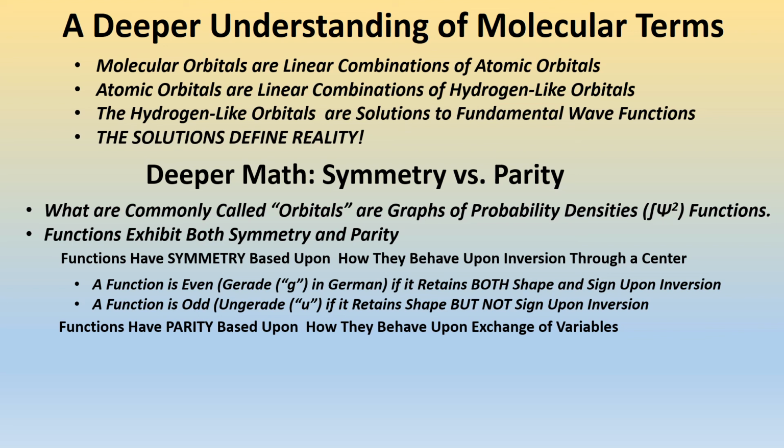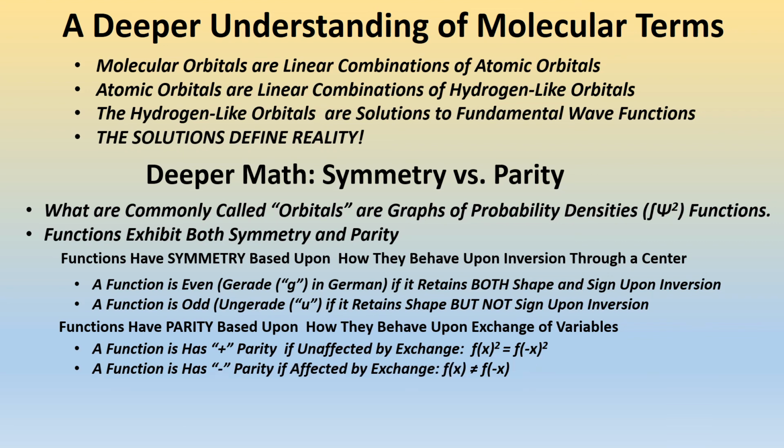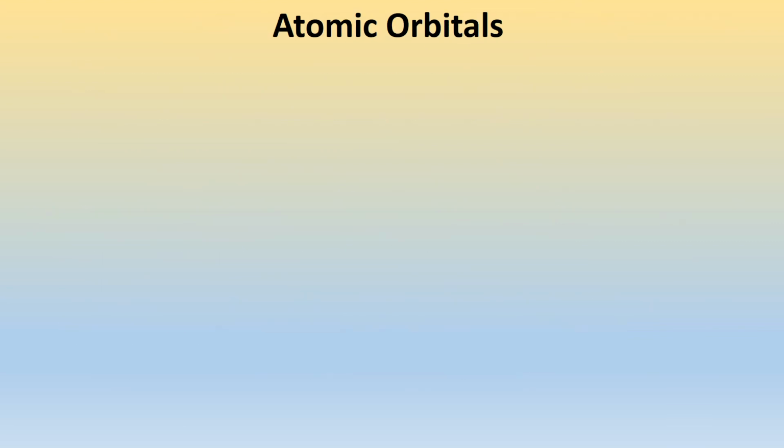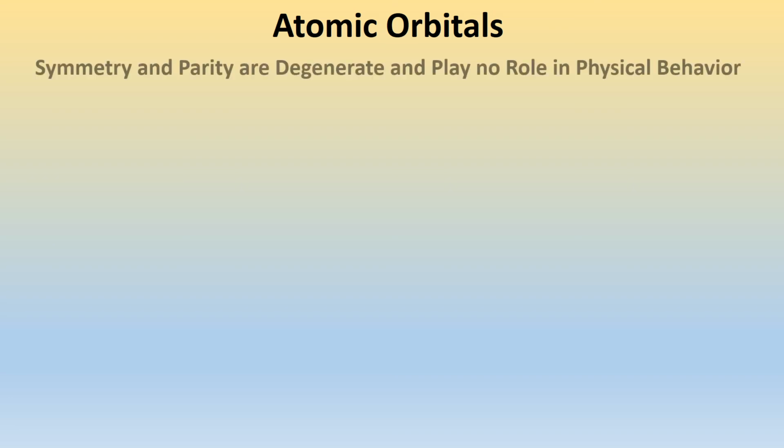It is easy to see that for the identity, 2 is not equal to minus 2, so f of x is not equal to f of minus x, and therefore that function has negative parity. What may seem to be a mathematical obscurity actually has consequences in the real world. Symmetry and parity are degenerate, and they play no role in the physical behavior of an atom.